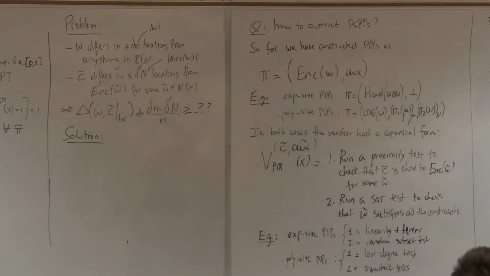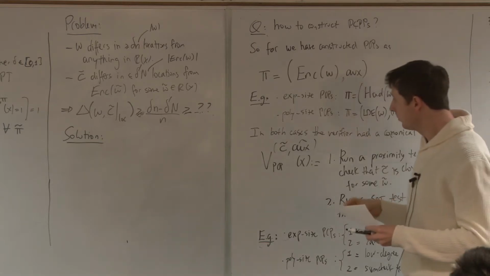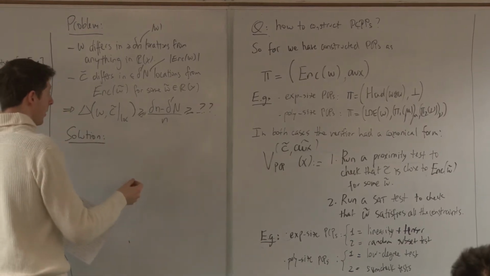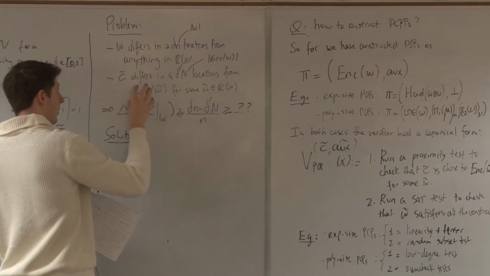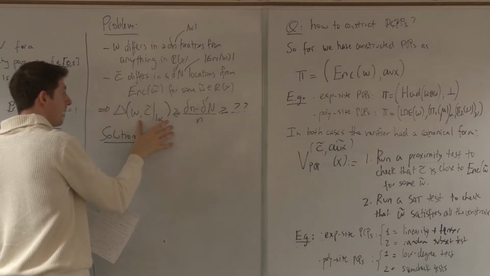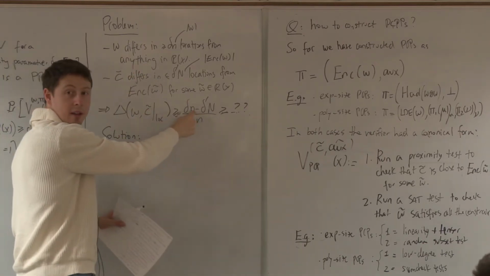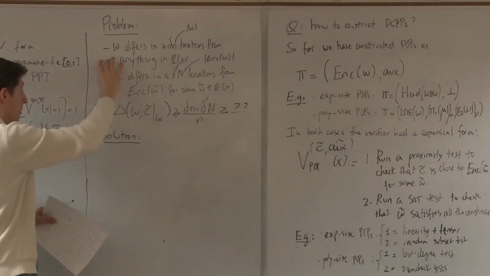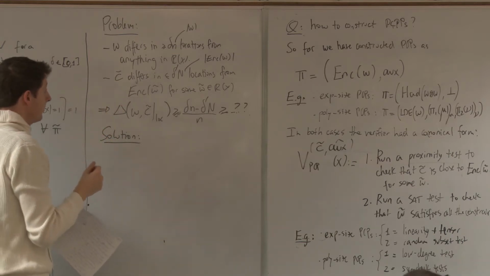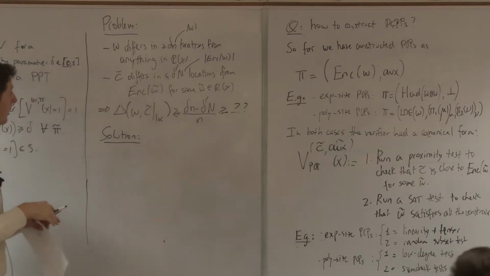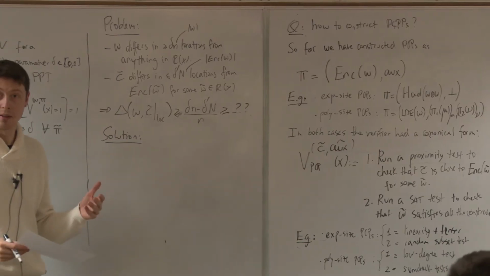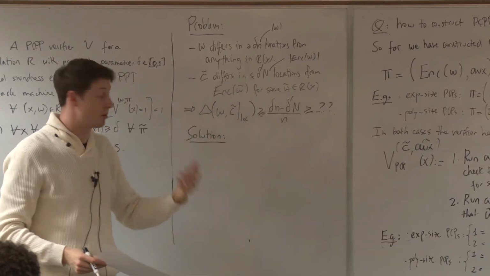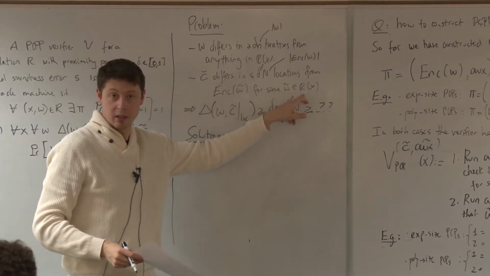Yeah? Sorry, can you go over why it's a problem that you have this delta away that's greater than rho n? So, you're asking from here to here, because once we're here, capital N can be much larger than small n, and I can only conclude that it's at least 0, it doesn't help me. Presumably you're asking about this part, right? I'm saying C tilde is defined over a domain of size capital N, right? And I know that C tilde is delta prime close to the encoding of something that is in Rx.